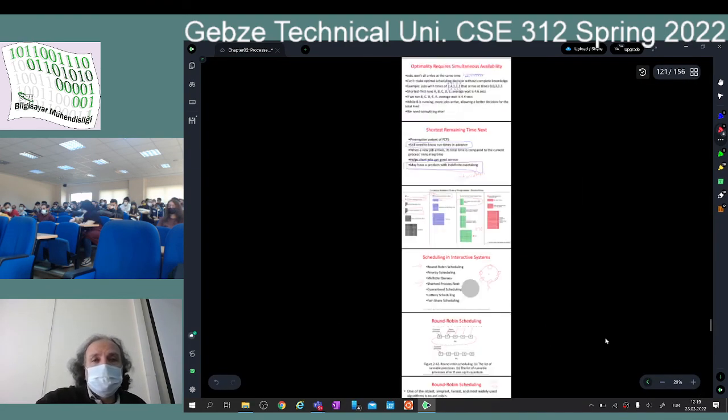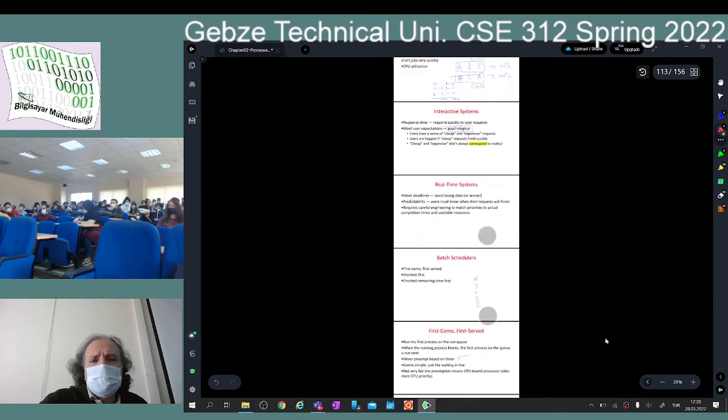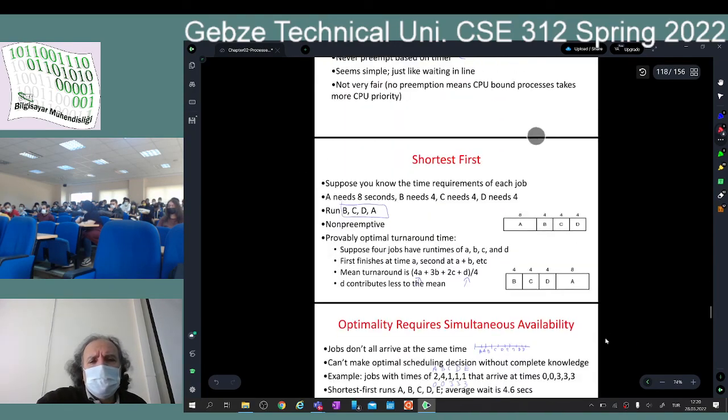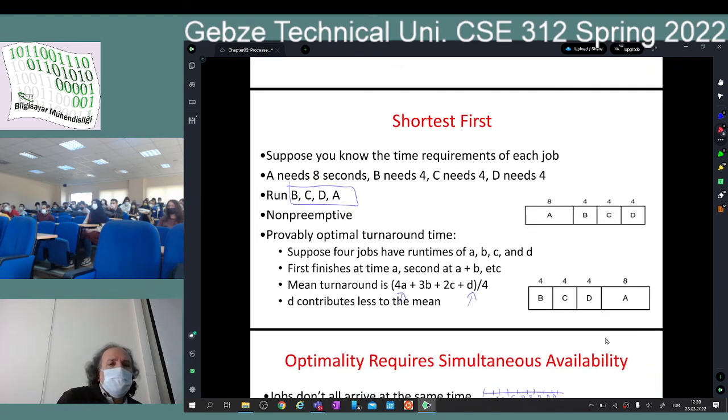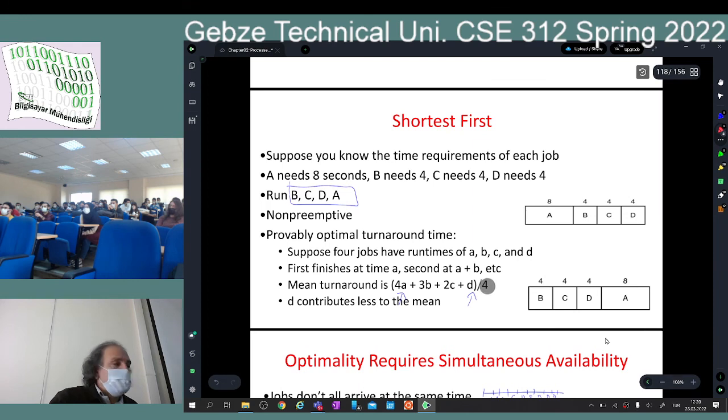Let's go to, which one is that? Yeah, here it is. We say that if you do the shortest time algorithm, it is good for the turnaround time. What is the turnaround time? You calculate the running time of each process and divide it by 4, right? So if I run the longest one first, everybody has to wait for this one to finish.